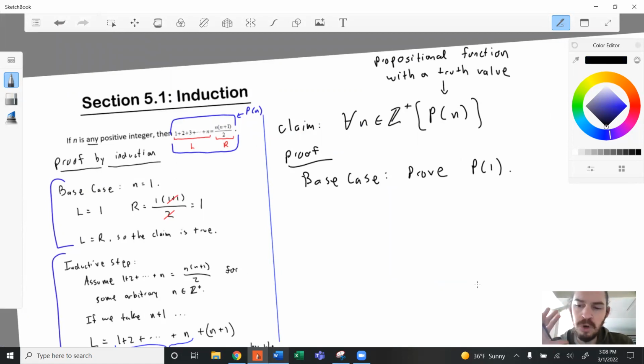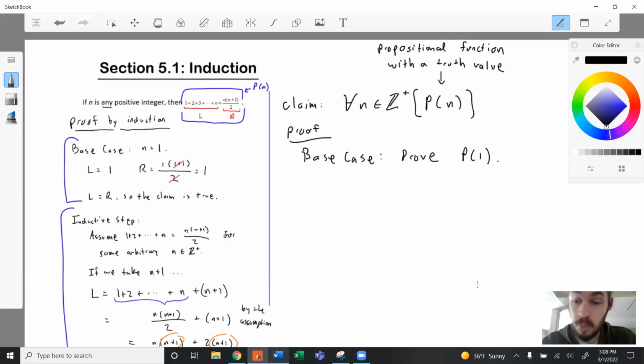In some recursive structures, you need to establish more than one base case. An example would be the Fibonacci sequence, which requires two base cases. You need to know the first 2 terms in the sequence to get the next one. That's another sort of recursive structure. With proof by induction, you usually just need 1 base case, because then each case proves the next.